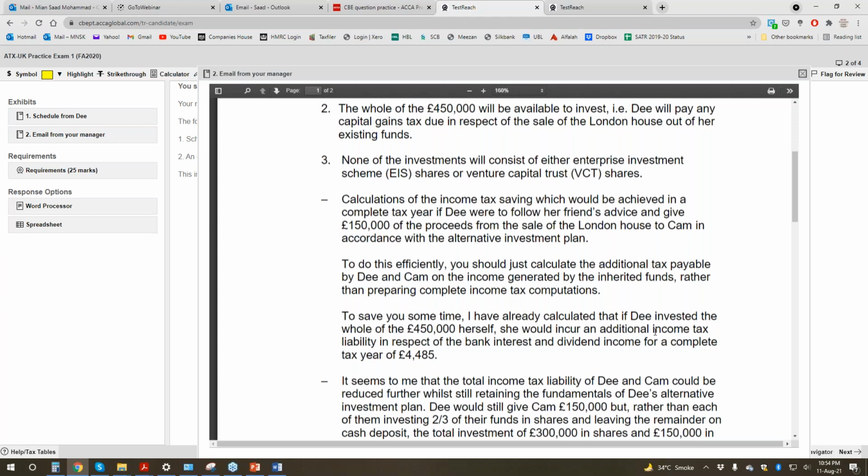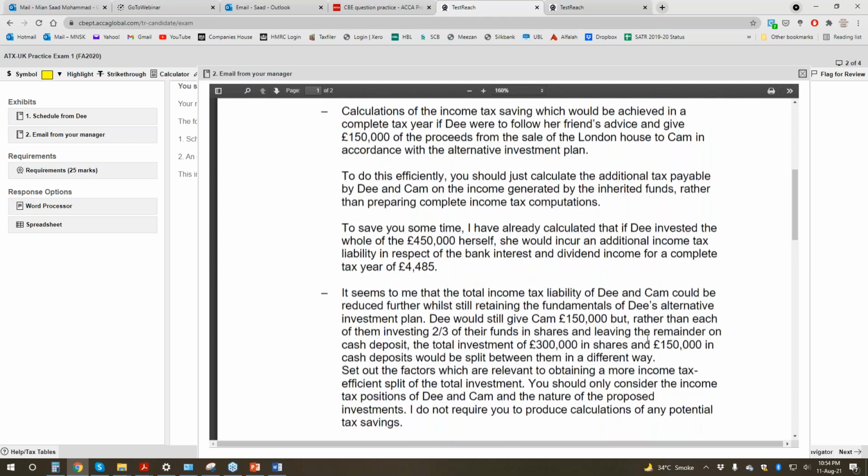To save you some time, I have already calculated that if D invests the whole amount herself, she would incur additional income tax on bank interest and dividends of 4485. That's fine. So one answer is already there, 4485, if D invests all of the money herself. However, if they both invest, I have to calculate the second option myself. That's fine.